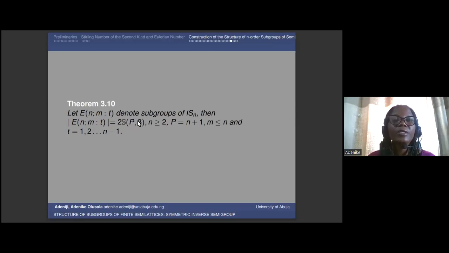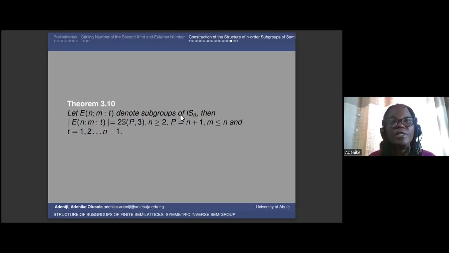In Stirling numbers, it should be n, k, but due to the notation we employed, and to avoid confusion, we have p, 3. If you look at Stirling number of the second kind, this is when k is 3, but it's not exactly, because we have to multiply the Stirling numbers by 2 to give us the subgroups of symmetric inverse semigroup.